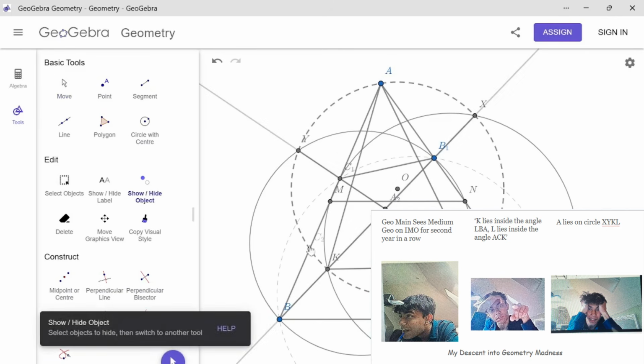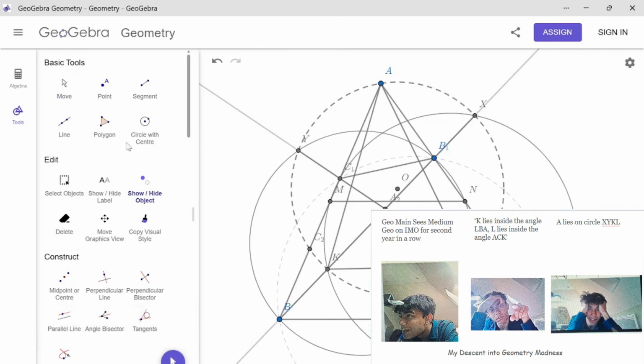So again, we put in these points B2 and C2. And we have the power of a point from B and from C. We haven't used the M and N midpoints yet, which is concerning.